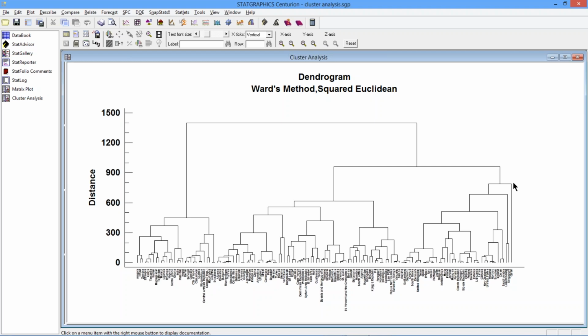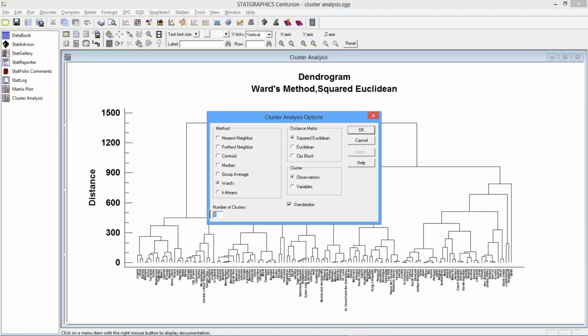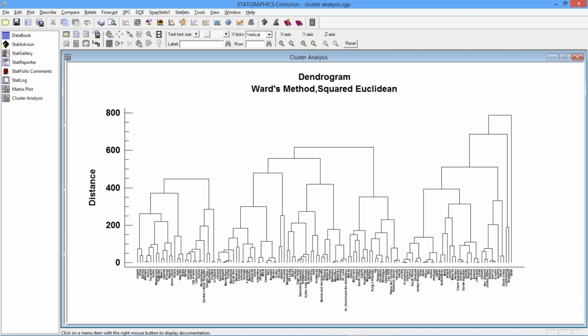Well, if I decide to stop after 3 clusters are formed, then I'd have 3 very nice groups. I'd have this group here, I'd have this group here, and I'd have this group here. And I'm actually going to go back to the analysis options and ask it to create 3 clusters for me. So I'm going to tell it stop after 3 clusters.